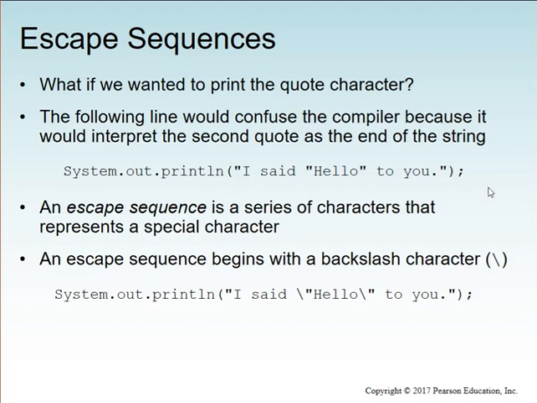And you say, well, how am I going to fix this? What we need to do is use what's called an escape sequence. These are a series of characters that represent special characters, and these sequences always begin with the backslash character. So if I wanted to print the hello in quotes, I would have to use a backslash-quote around hello, and then the complete phrase delimited in my double quotes.